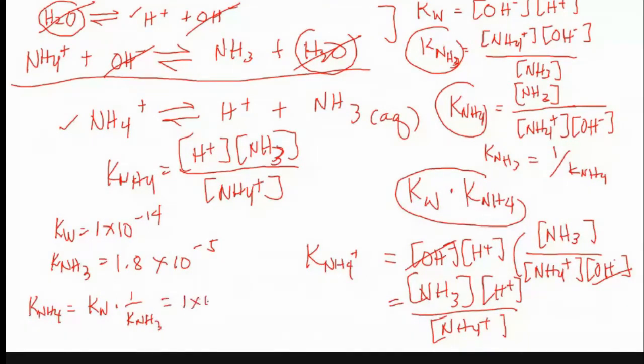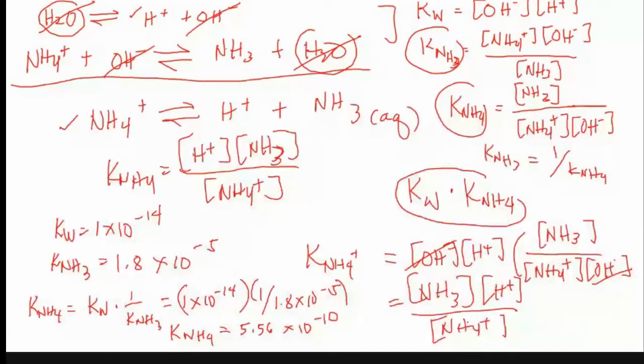So, 1 times 10 raised to negative 14 times 1 divided by 1.8 times 10 raised to negative 5 is 5.5 times 10 raised to negative 10.